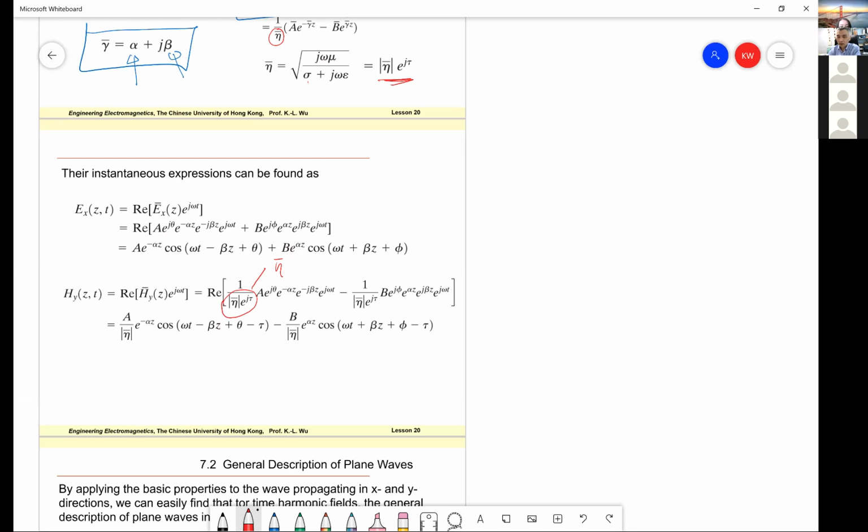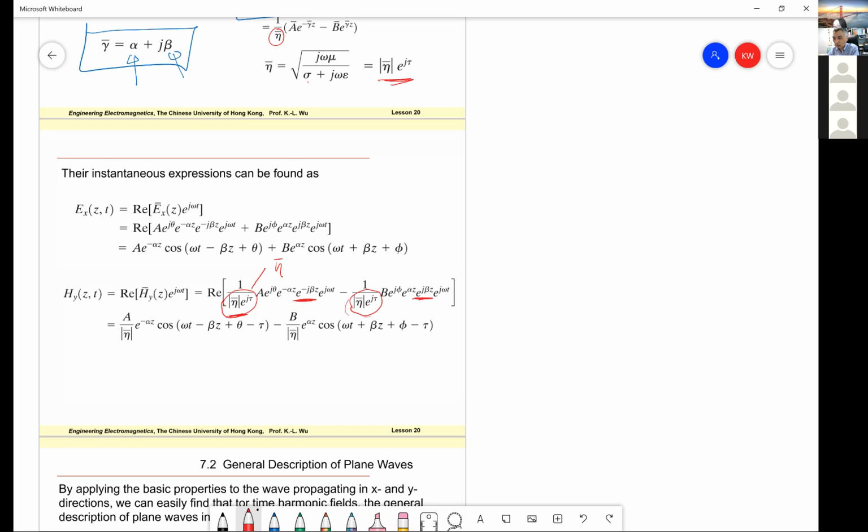So we divide by the wave impedance, for both the wave propagating in the positive z direction and the negative z direction.